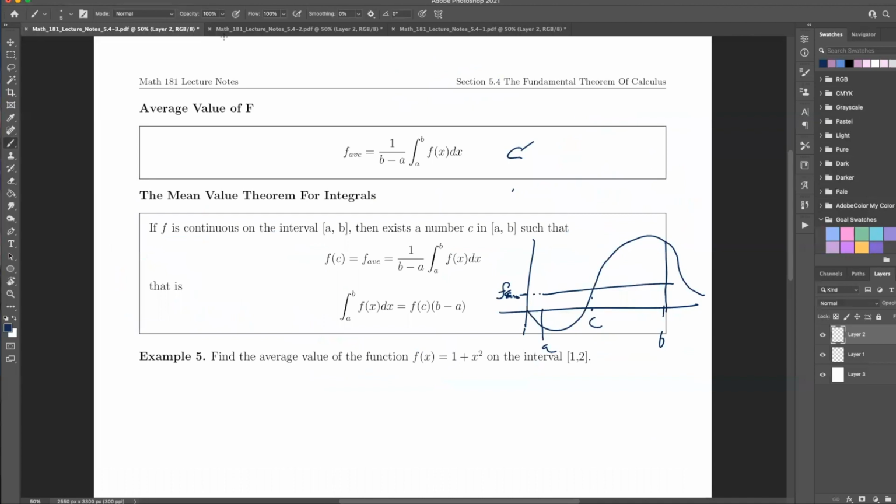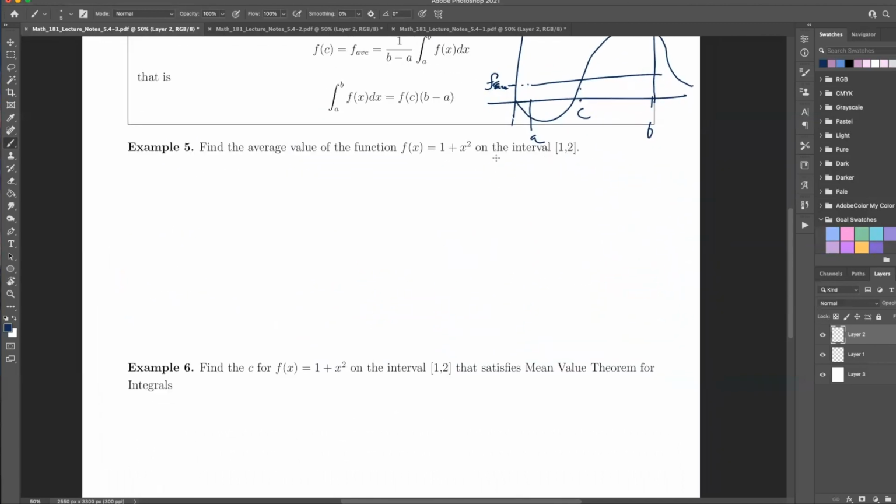Okay. So let's just kind of run through the f average real quick. So here, I'm going to do an interval from 1 to 2. In fact, let's make this a little more interesting. Let's go from -1 to 2 of the function, and then we're going to see what's the average value.